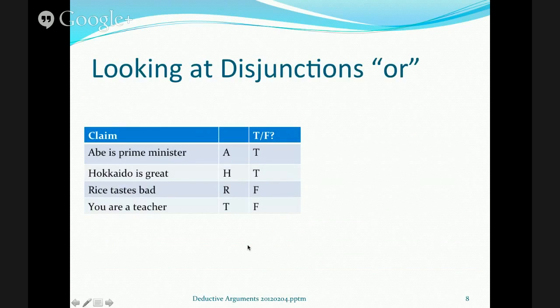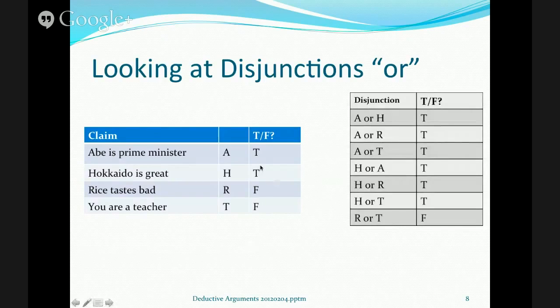We can go through the same thing here. If Abe is prime minister, everywhere it's A is true, true, true, true. Hokkaido is great, so everywhere that's true is true, true, true, true. So anywhere where anything is true, or will be true.